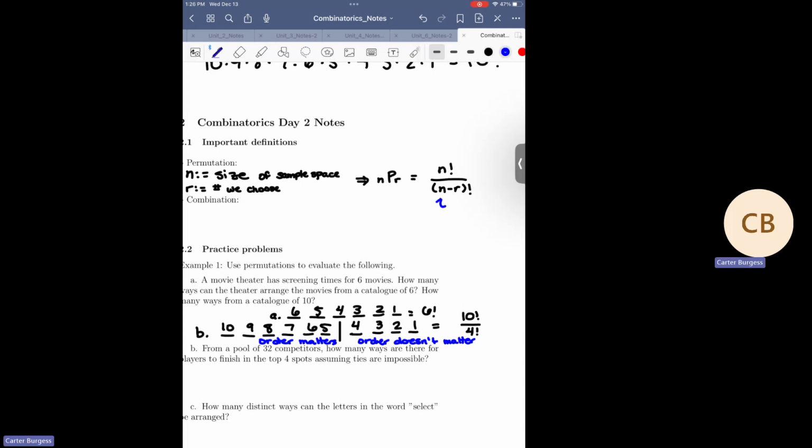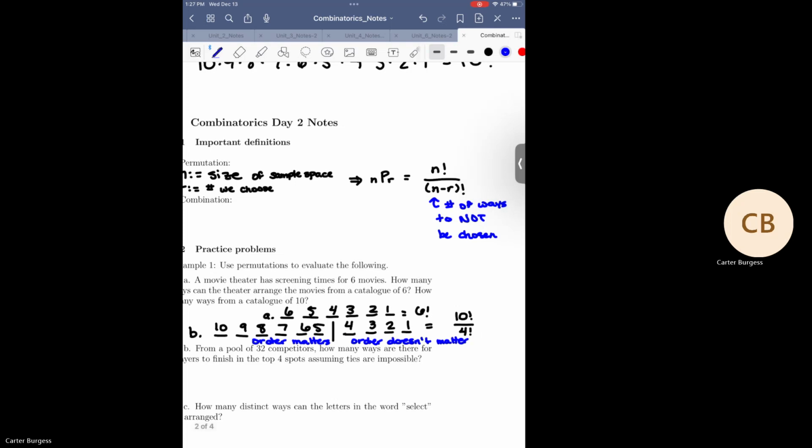You can think of this as the number of ways to not be chosen. And importantly, the way you get rid of ordering in this particular case is through division.